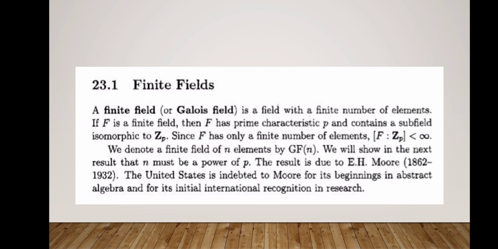23.1. A finite field or a Galois field is a field with a finite number of elements. If F is a finite field, then F has prime characteristic p and contains a subfield isomorphic to Z_p, since F has only a finite number of elements, less than infinity.